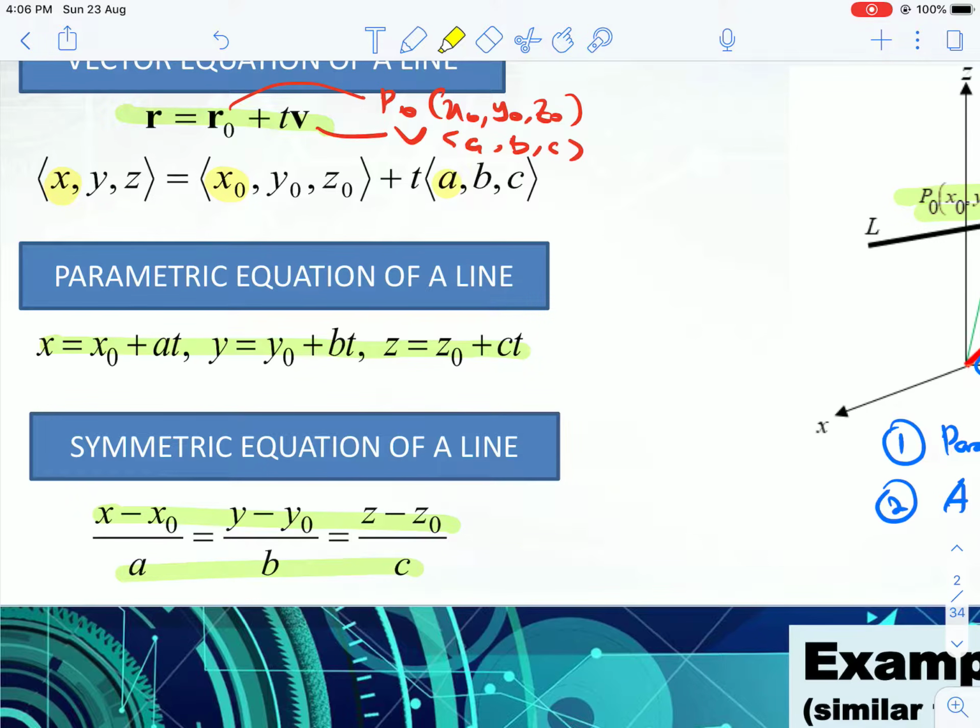This is the vector, so we will do it component-wise: component for i, component for j, and component for k. For the first component, we have x equals x naught plus at. So we get the first parametric equation of the line.